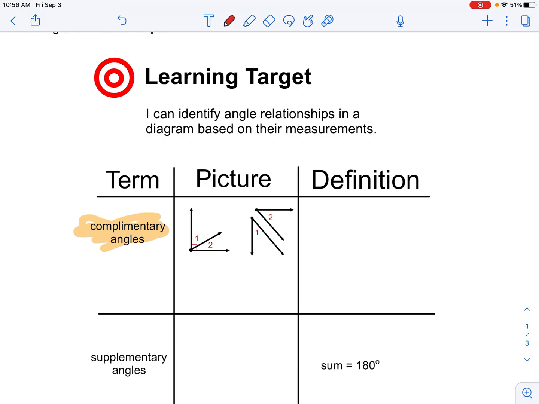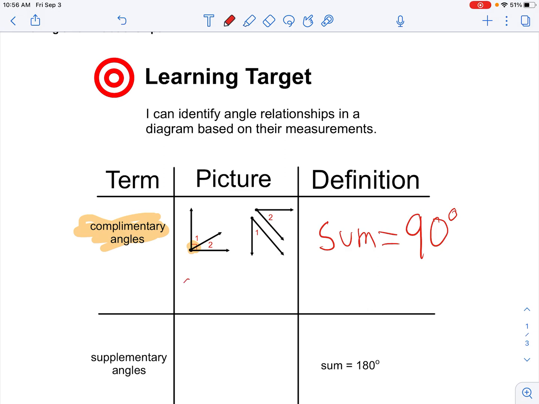Complementary angles mean that the two angles add up to 90 degrees. The sum is equal to 90 degrees. So if you remember, that box shows that it's a right angle.